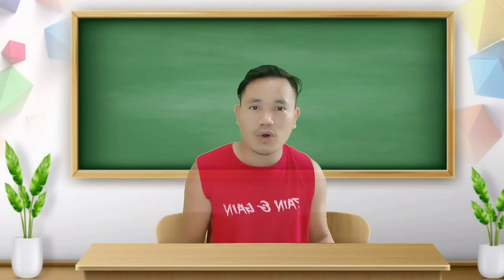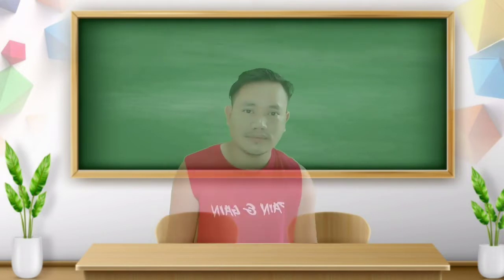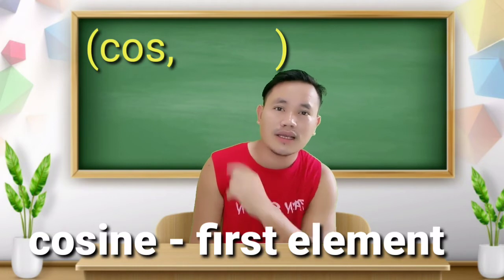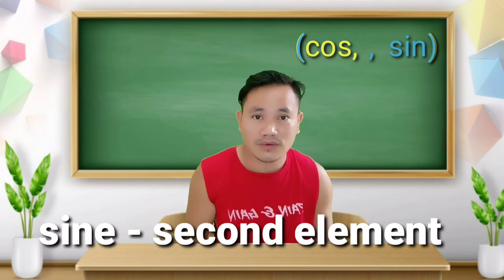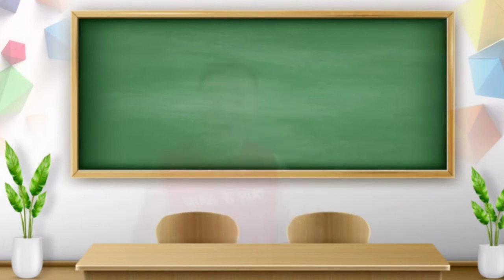At this point, you need to memorize the trigonometric coordinates. And take note, cosine is our first element, while sine is our second element for our trigonometric ordered pair. Cosine, sine. Now let's start to answer the following trigonometric conditional forms.